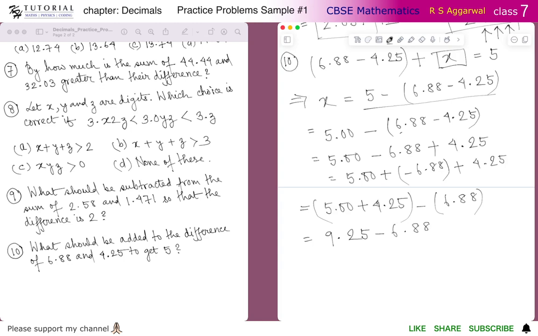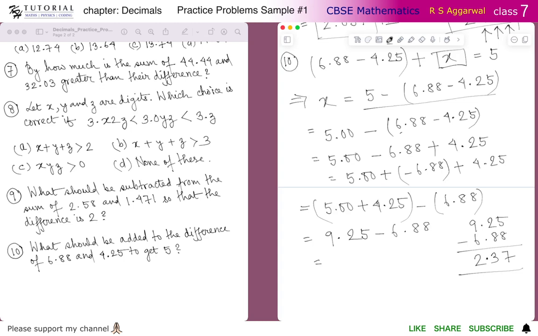Okay, now we have to do this subtraction, and the result becomes 2.37.